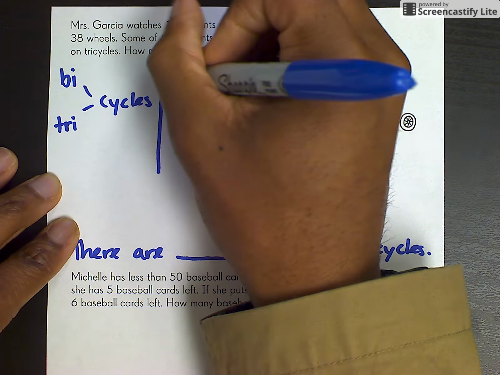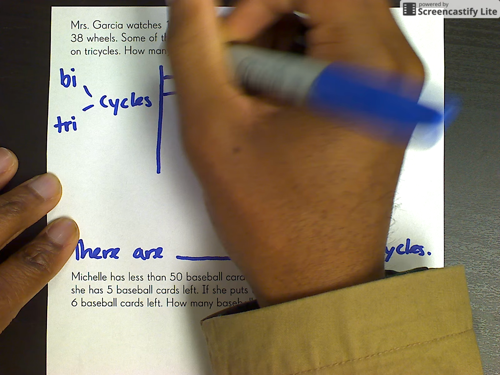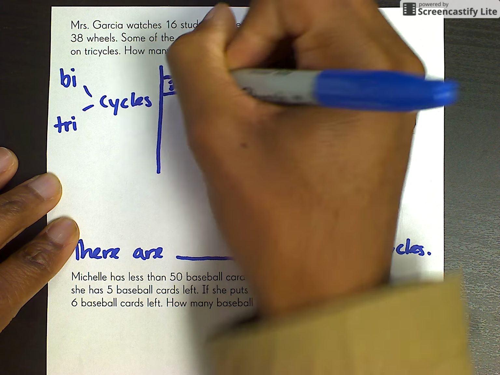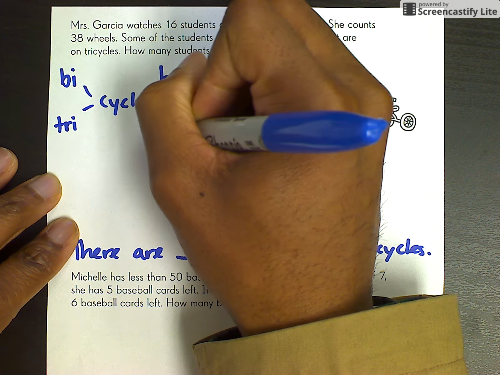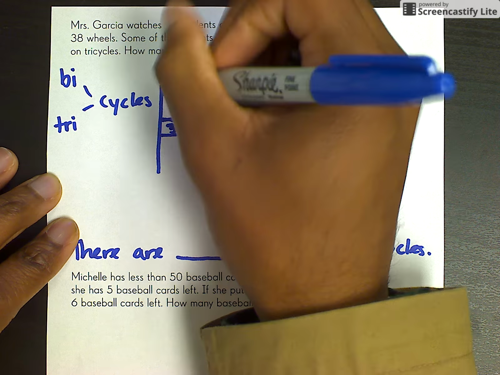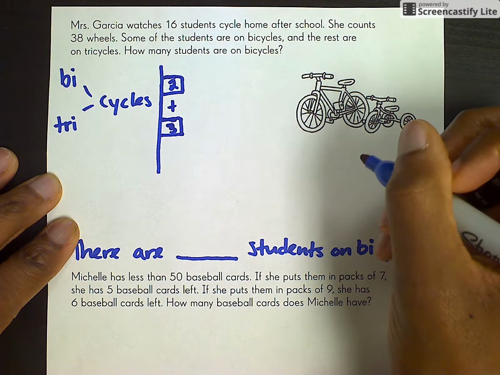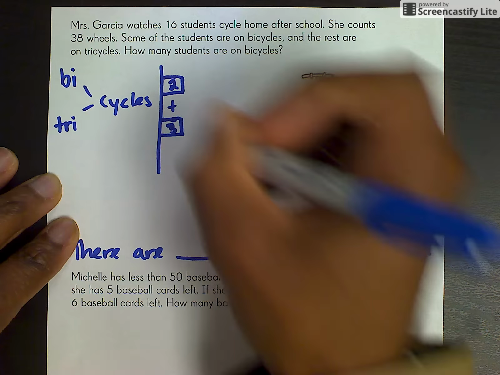And one thing I know here with the bicycle is that for the first kid, that's 2 wheels. And for the first kid that's on a tricycle, that's 3 wheels. If I think about conjoining those two kids together, how many wheels is that towards my overall goal of 38 wheels?